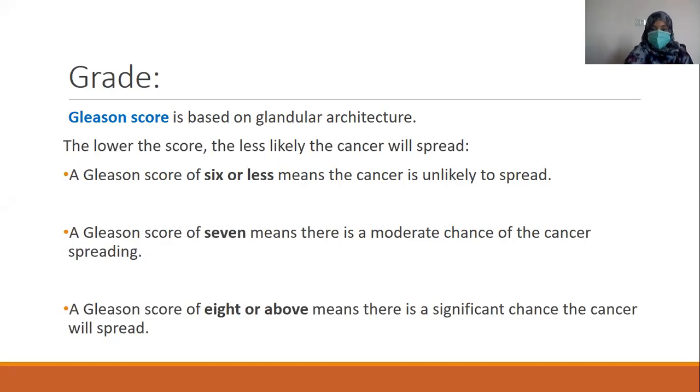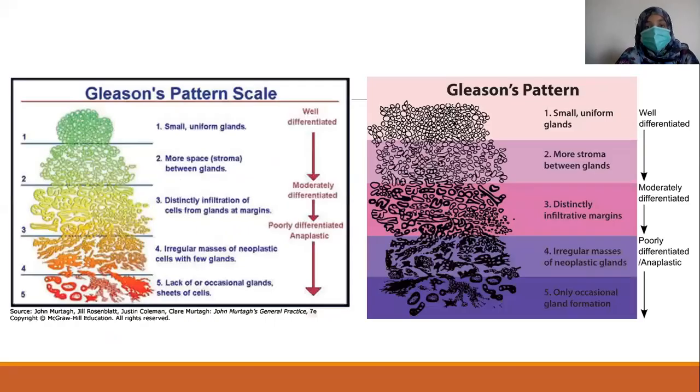Now we'll look at how the Gleason score is calculated. You can see in this picture there are 5 grades, 1, 2, 3, 4, 5, which follow from well differentiated to poorly differentiated anaplastic cells. If there are small uniform glands, it is given score 1.